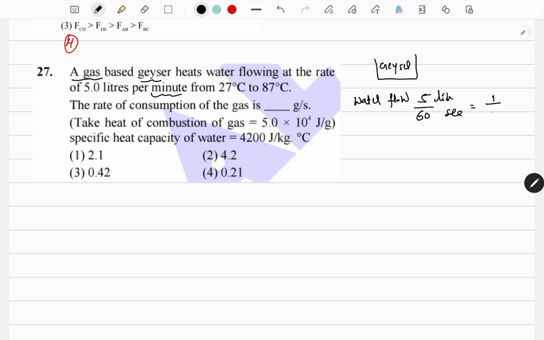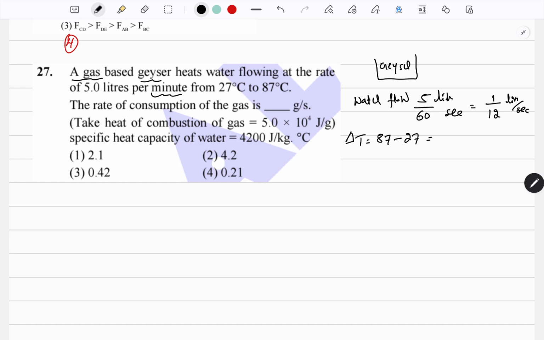5 liter per minute can be converted into seconds. So that is 1 divided by 12 liter per second. The change in temperature is equal to 87 minus 27.